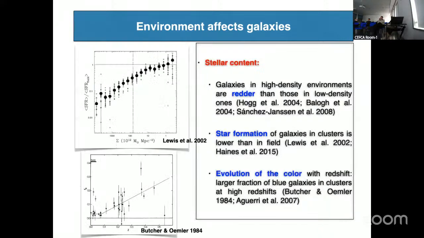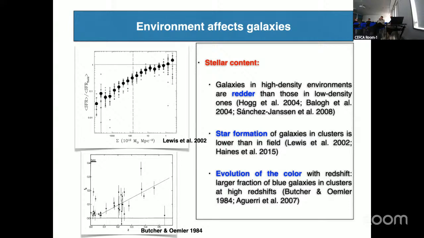But not only is the influence in the structure, the influence is also in the stellar content of the galaxy. There is the typical relation of star formation as a function of density, discovered many years ago, in which when we move to high density regions, the average star formation rate of the galaxies decreases compared with field galaxies.